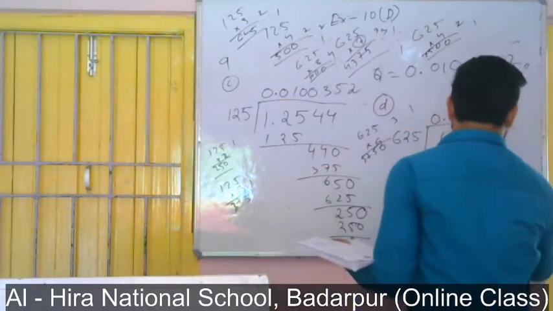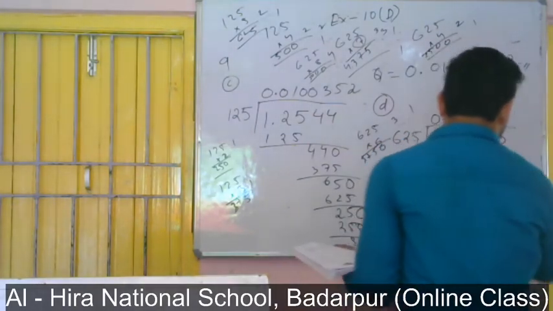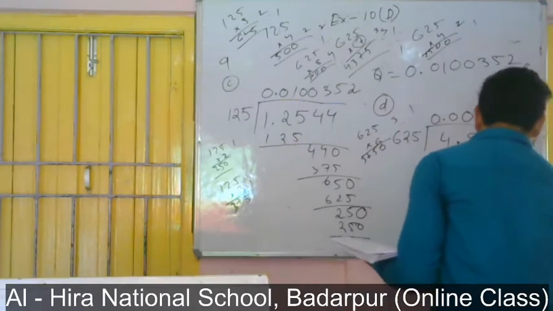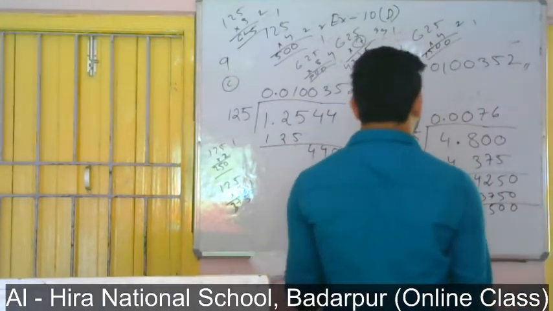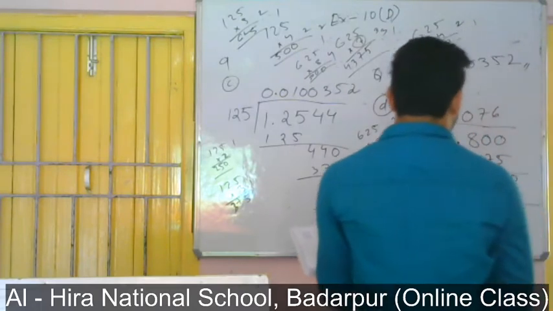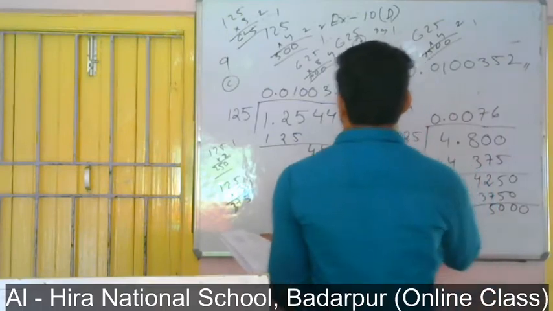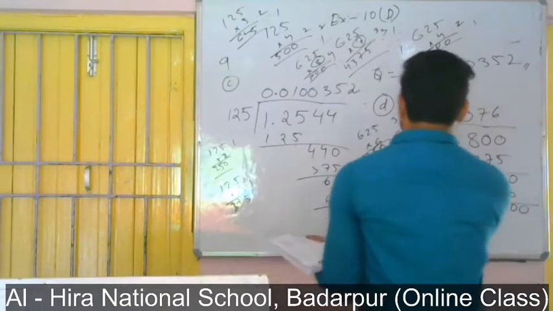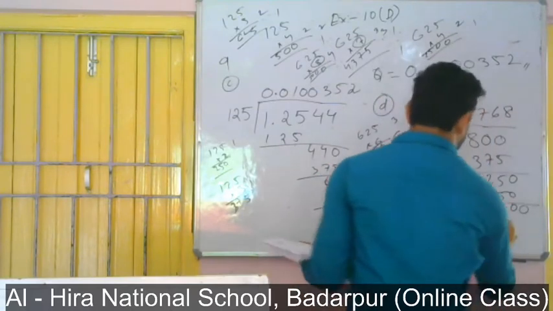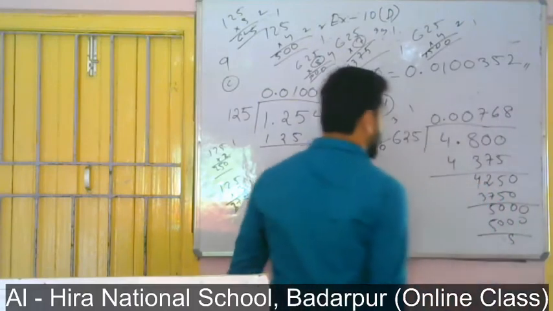So 6 with 6 is 3750. So 12 minus 75, 500. The point is there, we will put 0, then we can give directly by 8. 625 into 8 will get 5,000. So that is the answer.